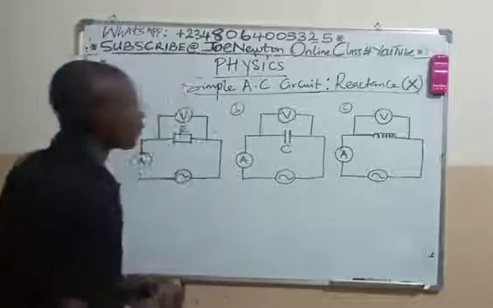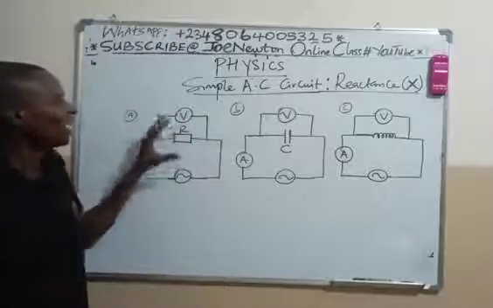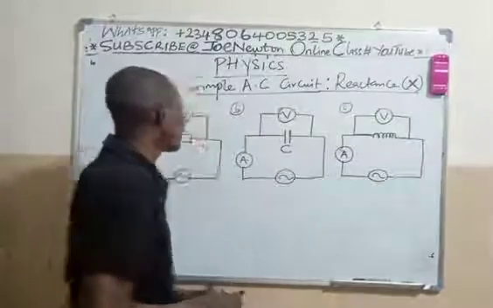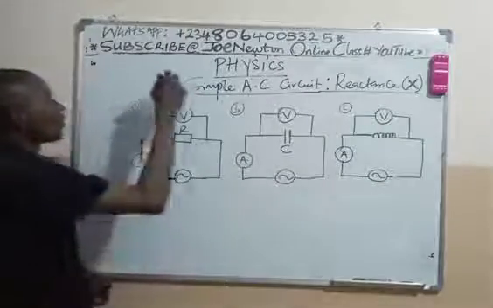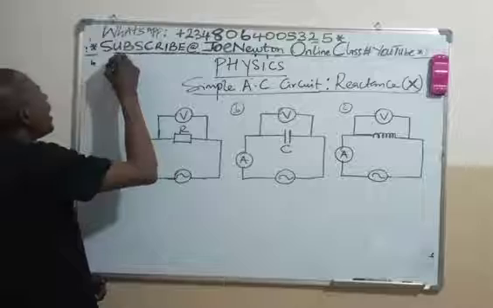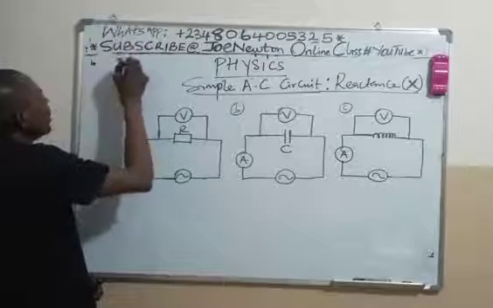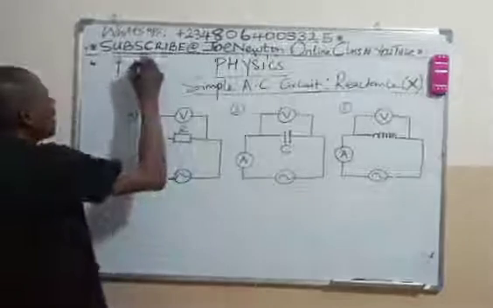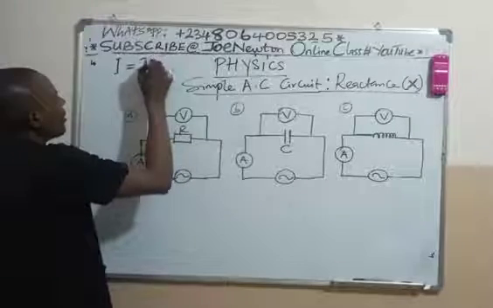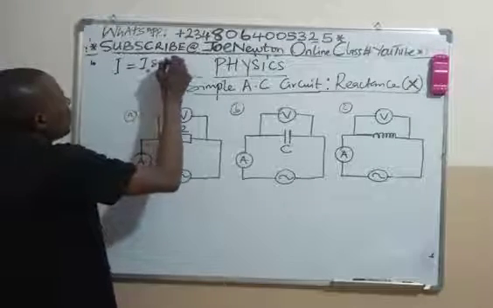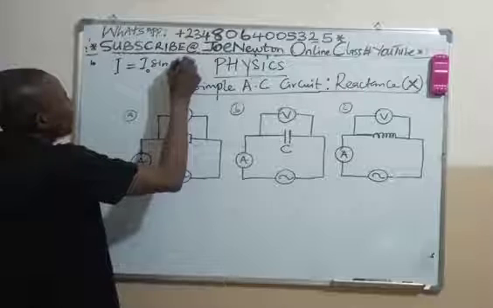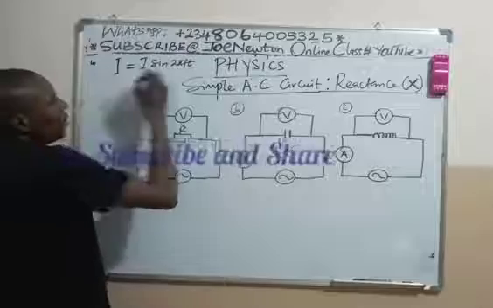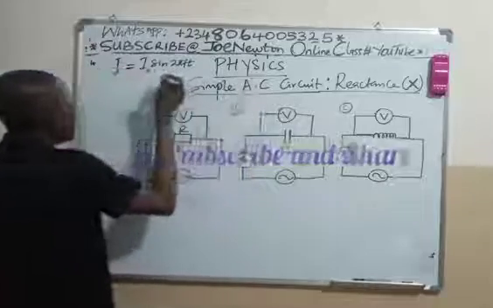Now, first of all, in an AC circuit, we have key nomenclatures. These nomenclatures include the current, that is the instantaneous current, given by I = I naught sine 2 pi f t. Of course, we know that omega is equal to 2 pi f.